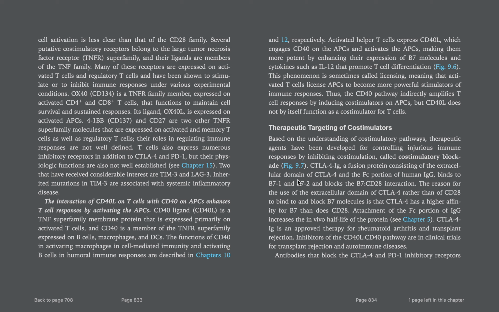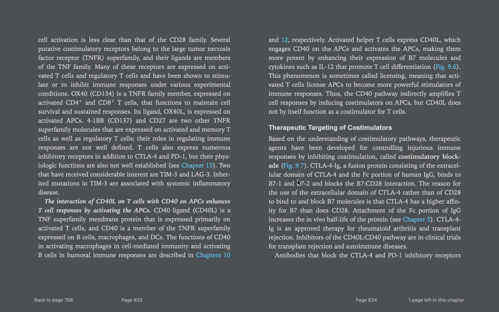CD137 and CD27 are two other tumor necrosis factor superfamily molecules that are expressed on activated and memory cells as well as regulatory T cells. Their roles in regulating immune response are not well defined.